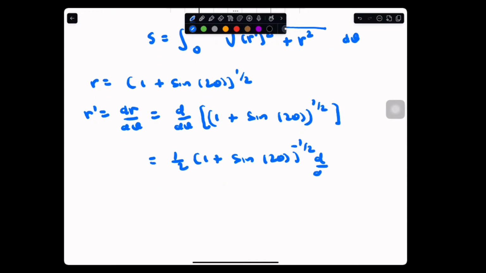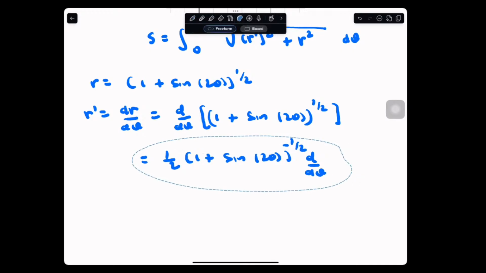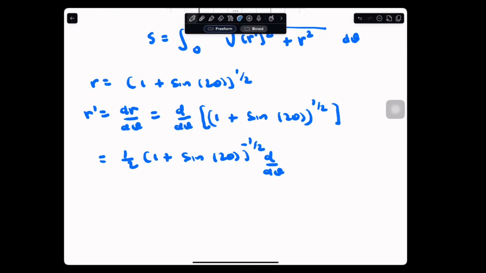And don't forget, by chain rule, we got to differentiate 1 plus sine 2 theta. So the derivative of sine is cosine 2 theta, and then by chain rule, that's times 2.